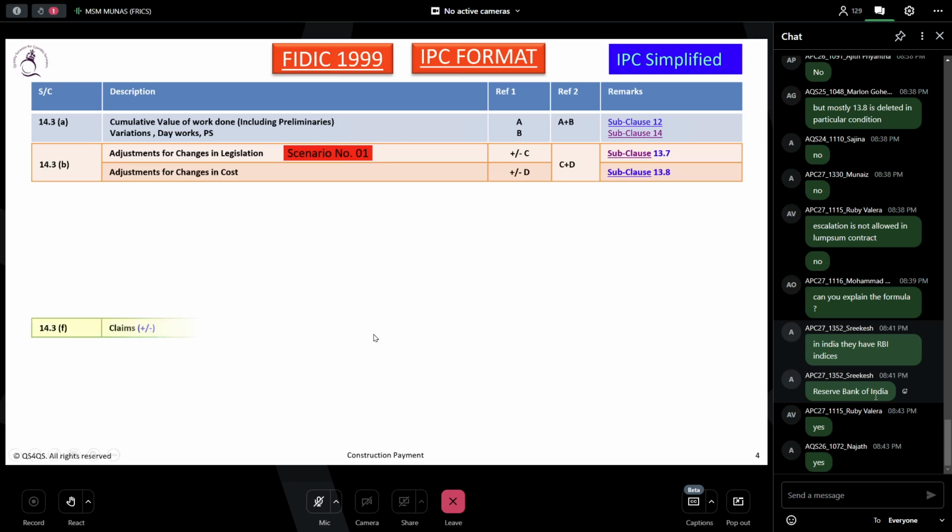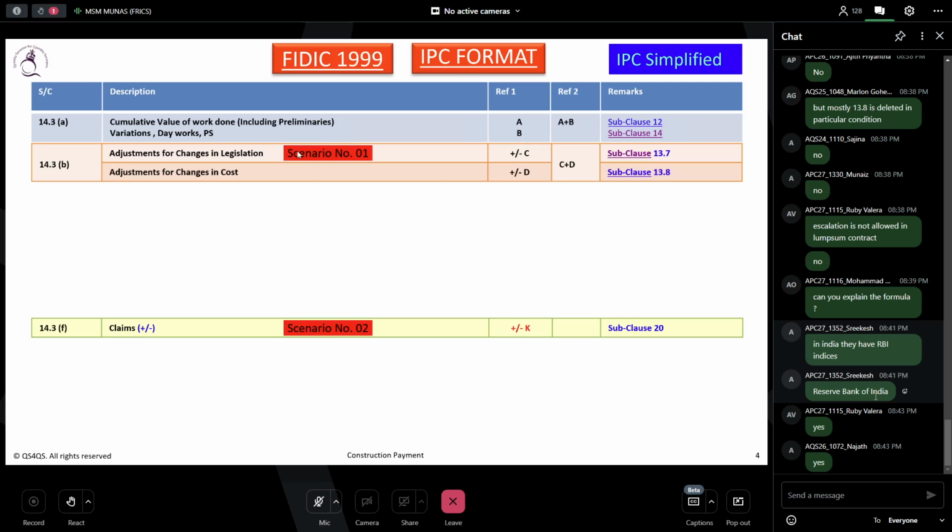Now, scenario number 2. What will happen if the change in legislation, I don't talk about the claims, I'm talking about 13.7 here, resulted or will result in delay? In scenario 1 there was no impact on the delay, only the price was changing.